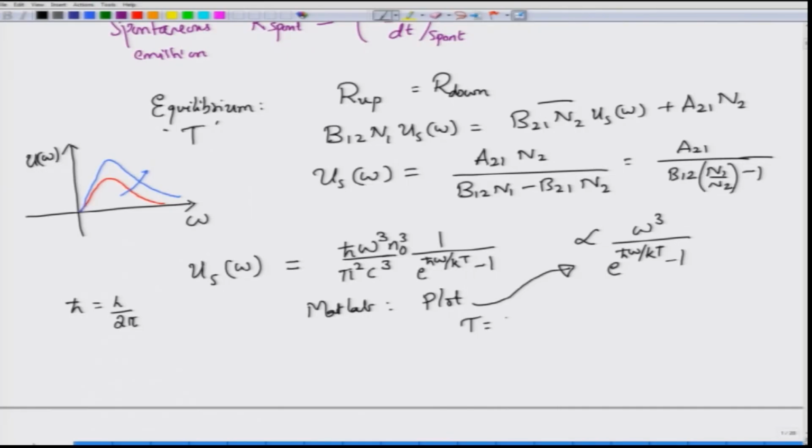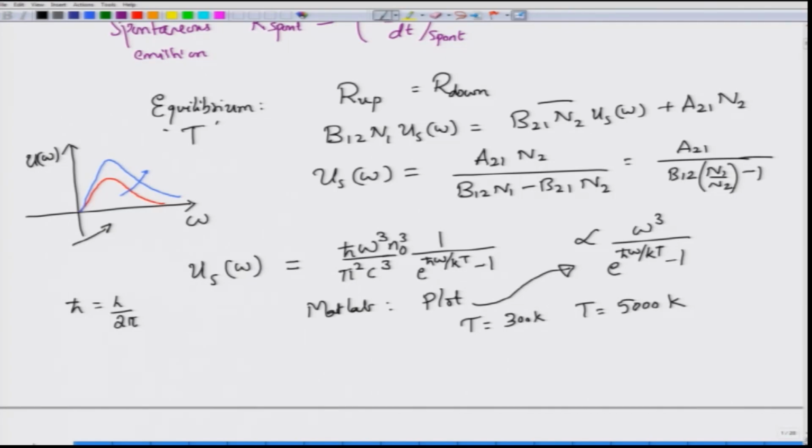Try T equal to 300 K, and T equal to 5000 Kelvin, which is very close to the surface temperature of the sun. You can try all these different temperatures and see for yourself, as you change omega, that you will be able to reproduce these graphs.